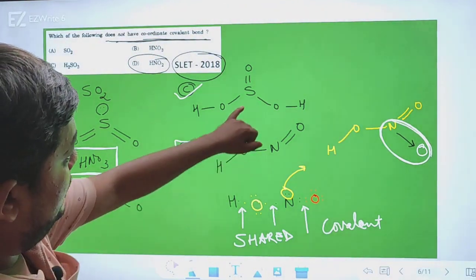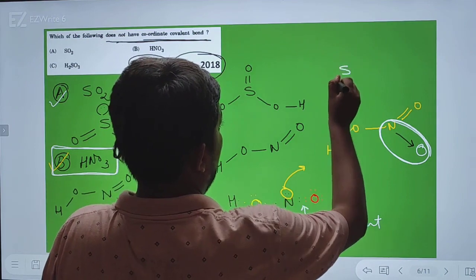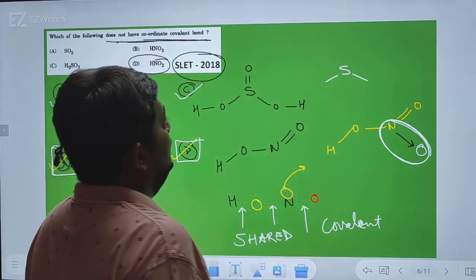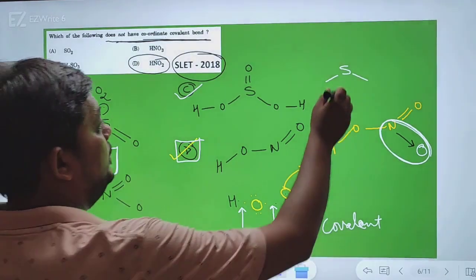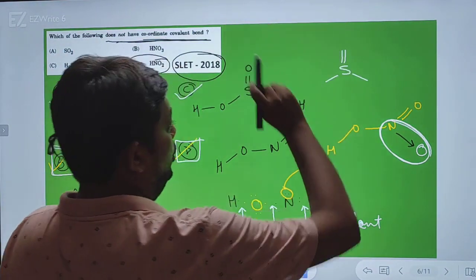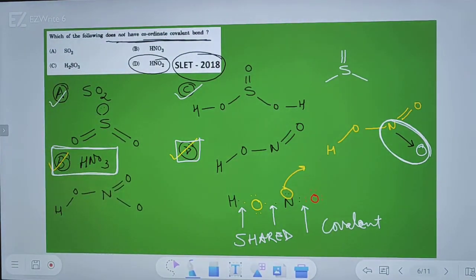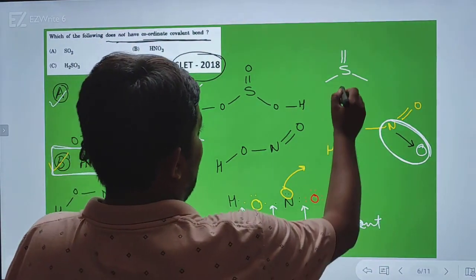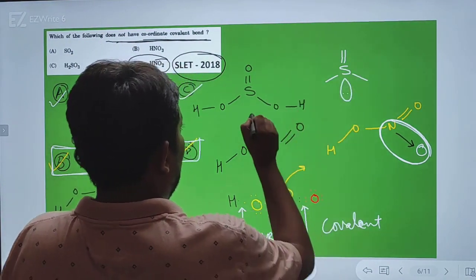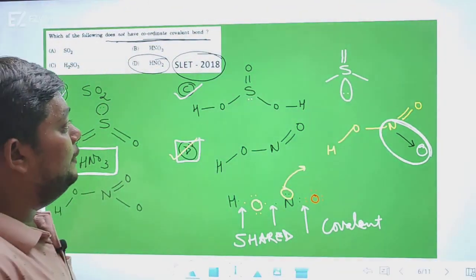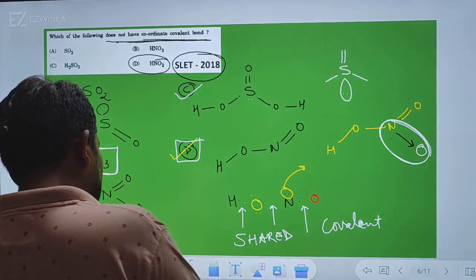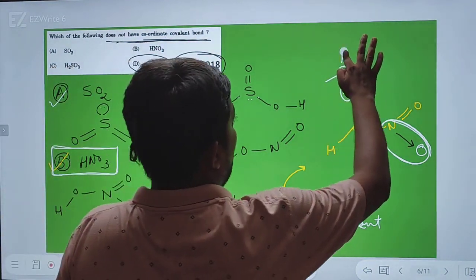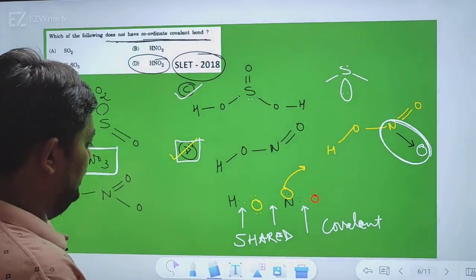For this particular sulfur, this sulfur has these two bonds present over here along with these two bonds, but if you look very carefully into this structure, you will get an idea that there is a lone pair present over here, that are two electrons of sulfur, the third electron of sulfur and the fourth electron of sulfur, and therefore friends, no need to write a double bond over here.